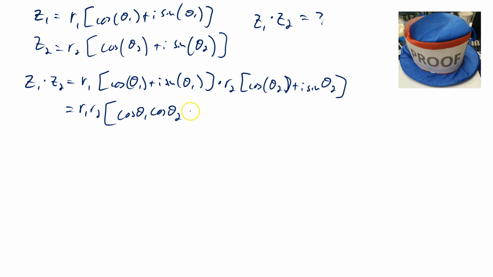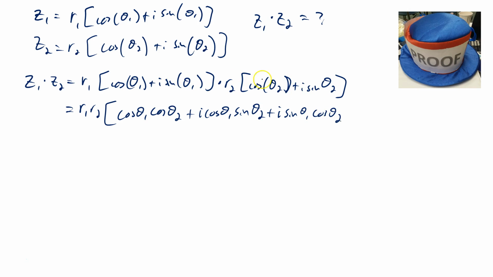And the outside terms would be plus i cosine theta 1 sine theta 2. I'm just trying to keep them organized, theta 1, theta 2. Inside terms would be plus i sine theta 1 cosine theta 2.